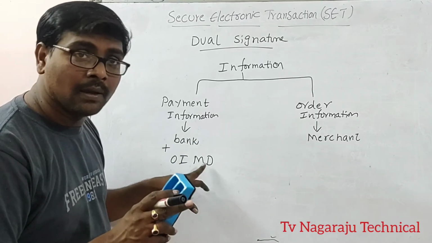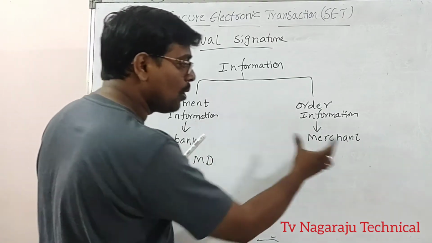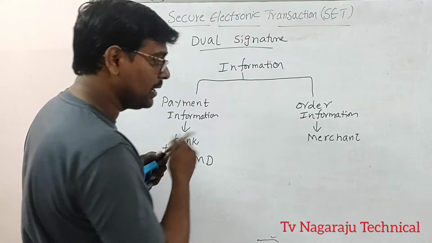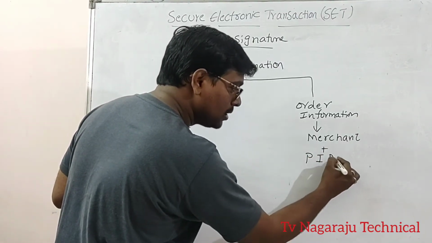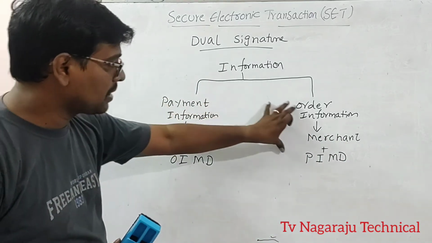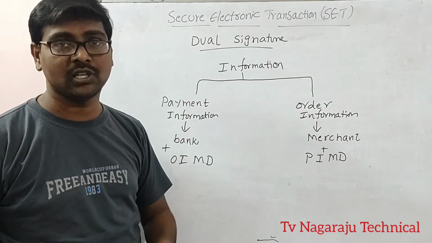Apply hashing, message digest, and then that is sent. Similarly, what does the merchant receive? The order information in plain text along with the payment information message digest. Generally, these are the pieces of information. This is received by the bank. This is received by the merchant.